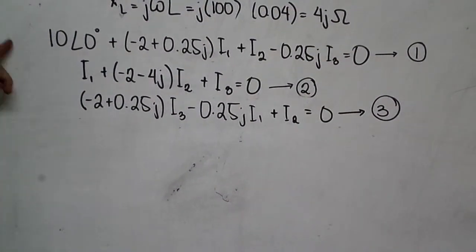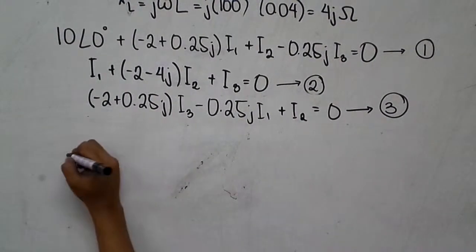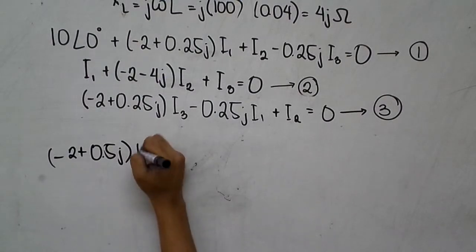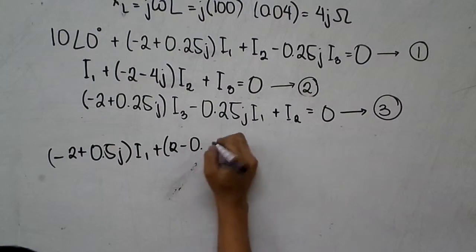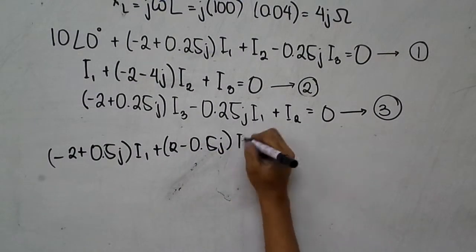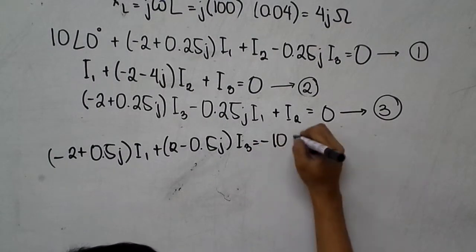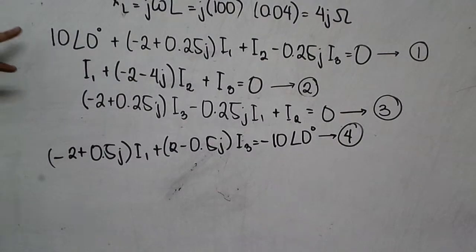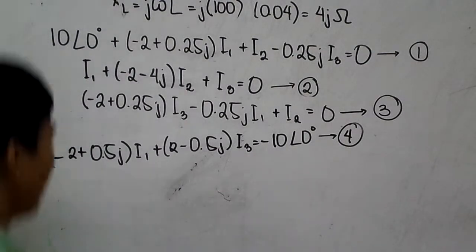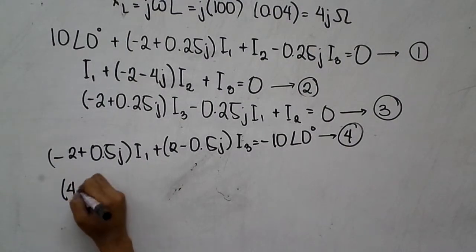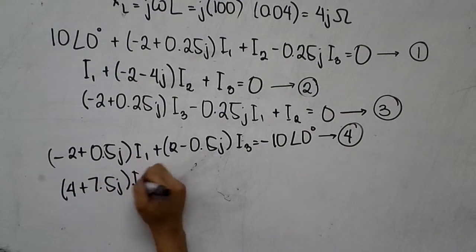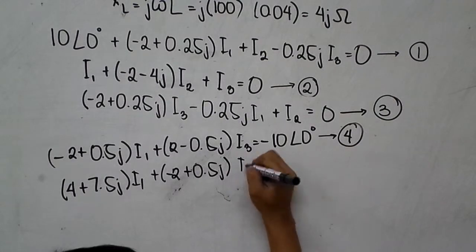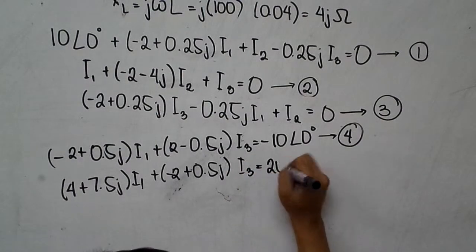Now, solving equations 1 and 3, we will have equation 4. That is, the simplified will yield negative 2 plus 0.5j I1 plus 2 minus 0.5j I3 equal to negative 10 angle 0 degrees. This will be our fourth equation. Next, solving equations 1 and 2 simultaneously will yield equation 5. That is, when simplified, 4 plus 7.5j I1 plus negative 2 plus 0.5j I3 will be equal to 20 plus 40j.